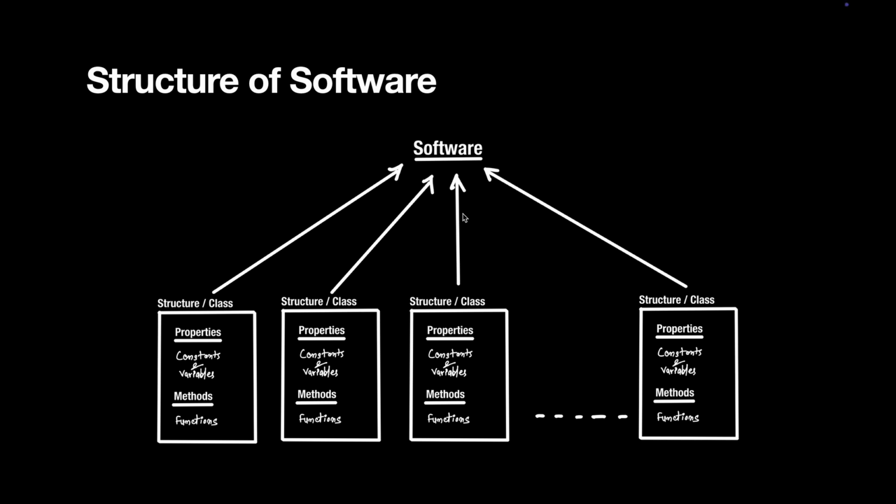So at the lowest level, we have structures or classes. These represent the lowest level entity, and these entities have properties and behavior.